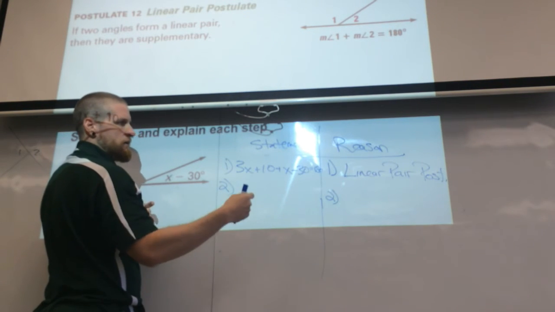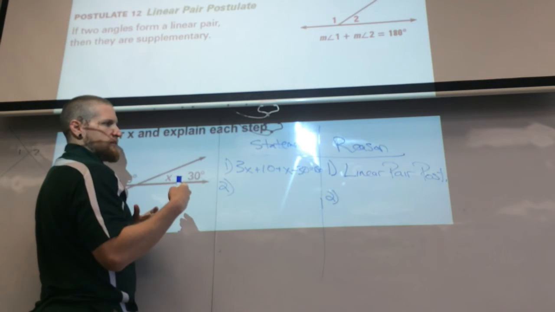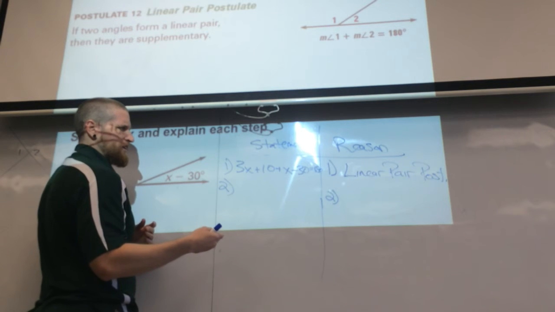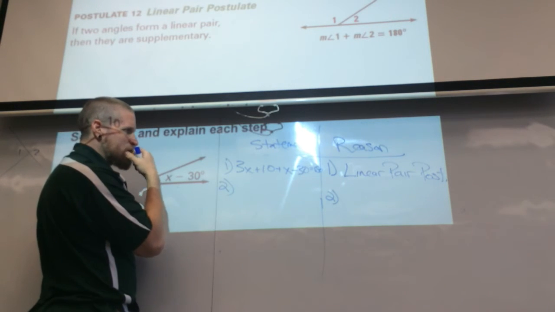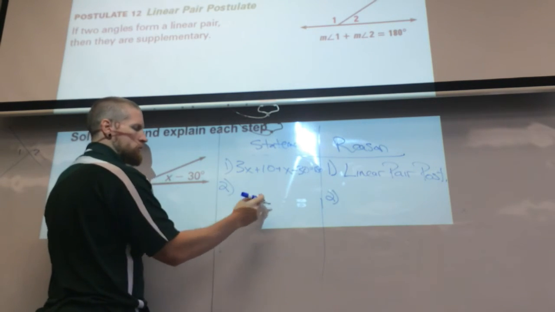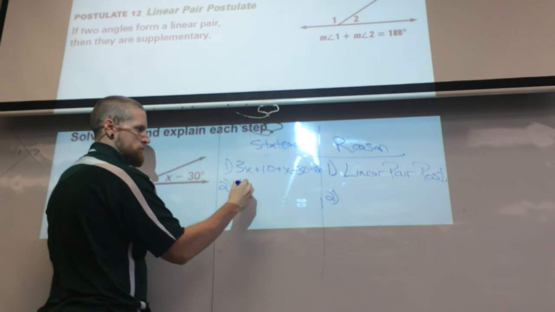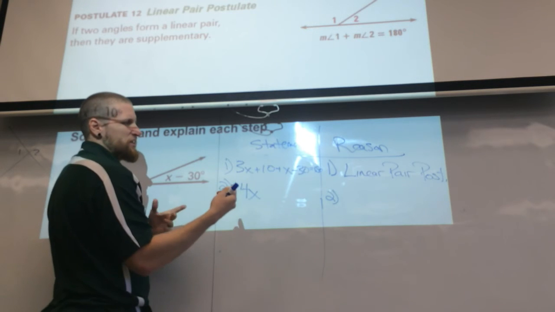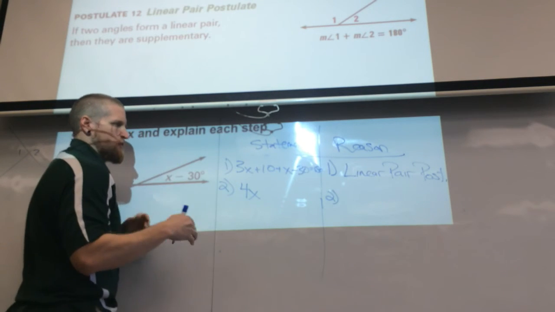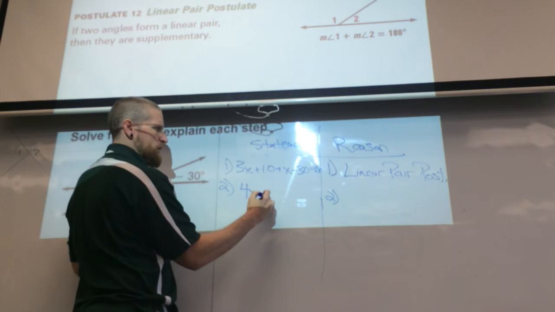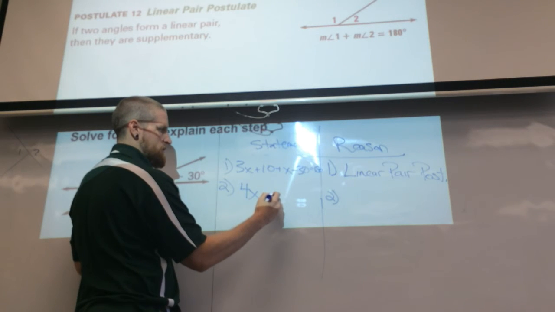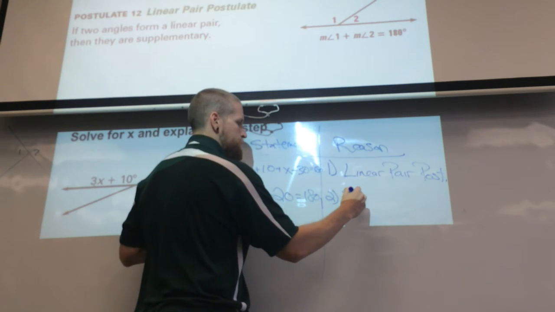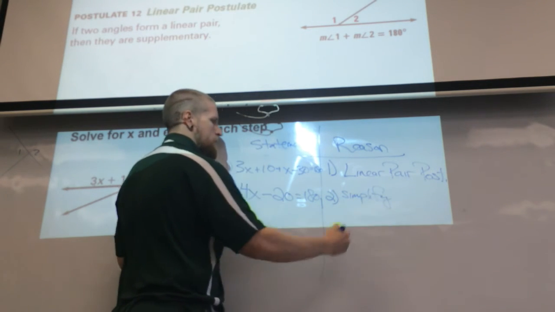After that, it would be the properties that we talked about today: addition, subtraction, that kind of stuff. How do I solve this? What do I have to do? Well, if I simplify, what's the result? 4x. I guess you can simplify both. If I'm using the same thing, I could do them both at the same time, and that's fine. What was the other one? Minus 20. Okay, so simplify.